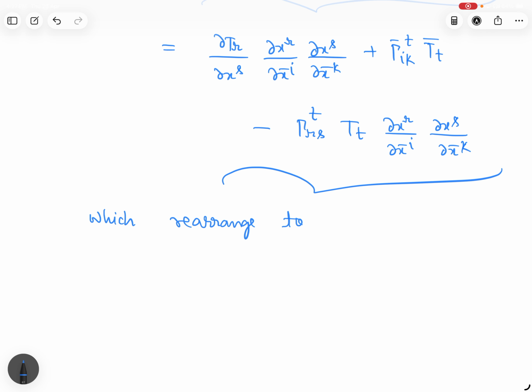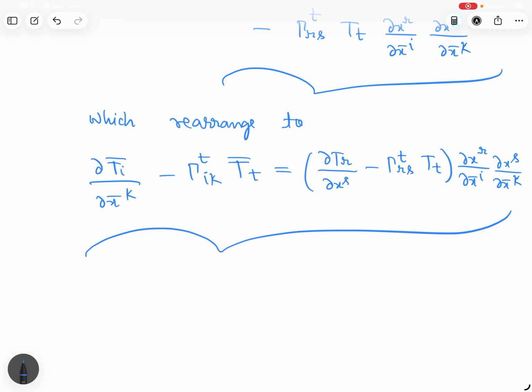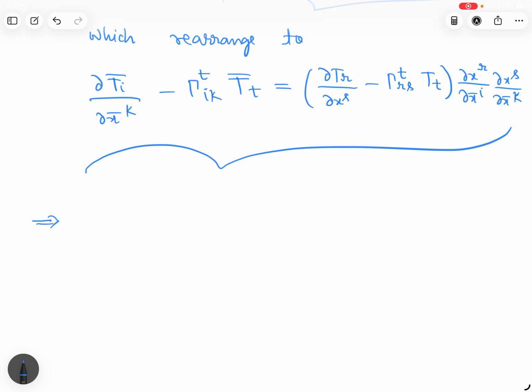Now I am defining what this is. In any coordinate system x^i, the covariant derivative with respect to x^k of a covariant tensor T_i is the tensor T_i,k.